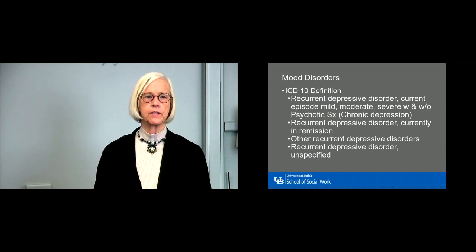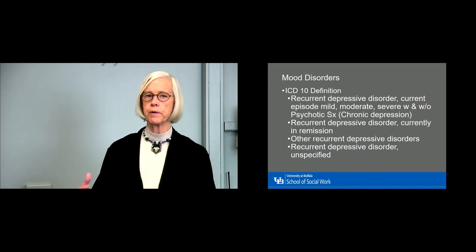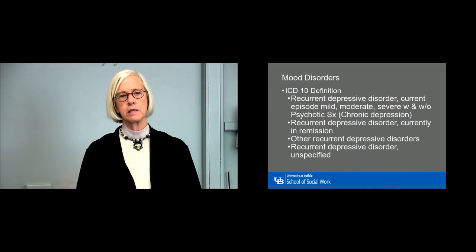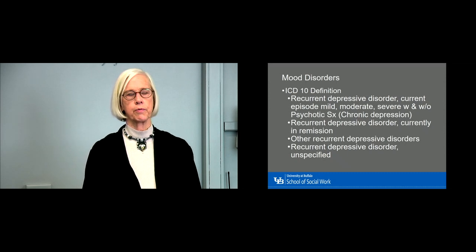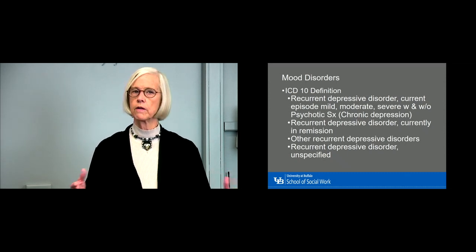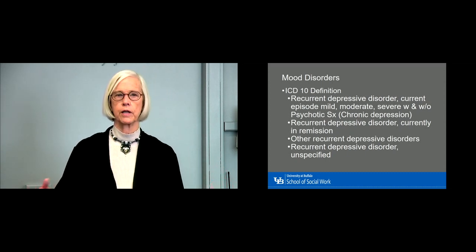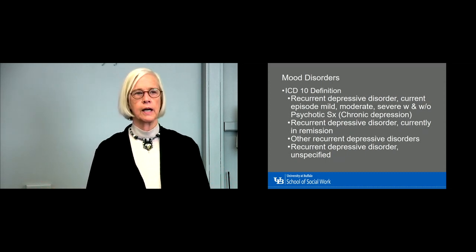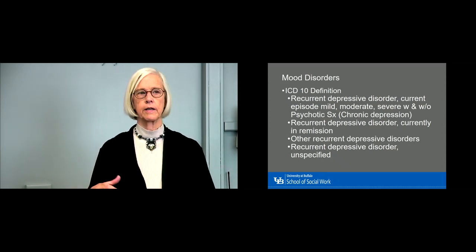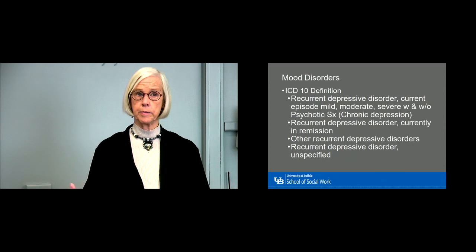Recurrent depressive disorder is an interesting one. Most people, particularly between the ages of 25 and 49, tend to have more than one depressive disorder. The intensity and duration of those is one of the things that, in terms of getting a good history, you want to get a sense for. And so you not only want to know what the current episode is, but you also want to know what the chronic history presentation is and whether or not it ever included a psychotic element to it.